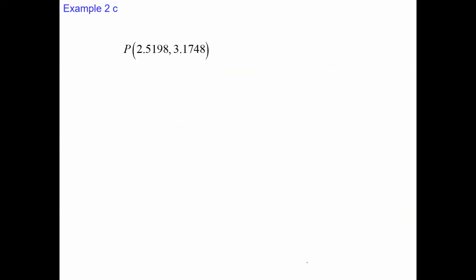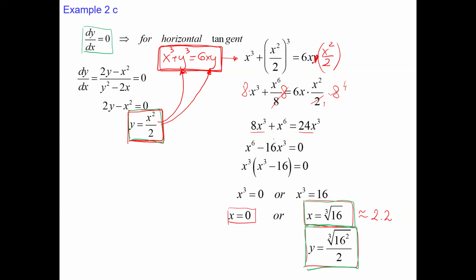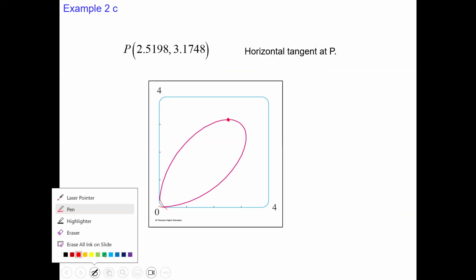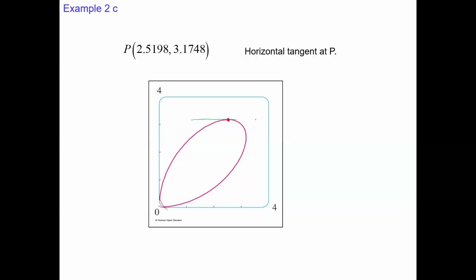Let's see. Oh, 2.5. My approximation is not that good. I thought that we are far away from 27. It's fine. As I said, we don't have to approximate. Yes, we will not use 0, but the tangent is horizontal at this point.